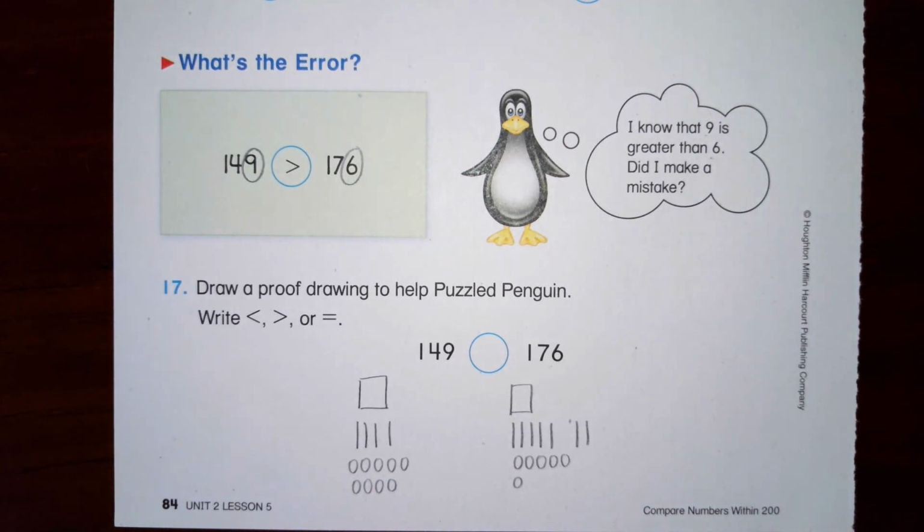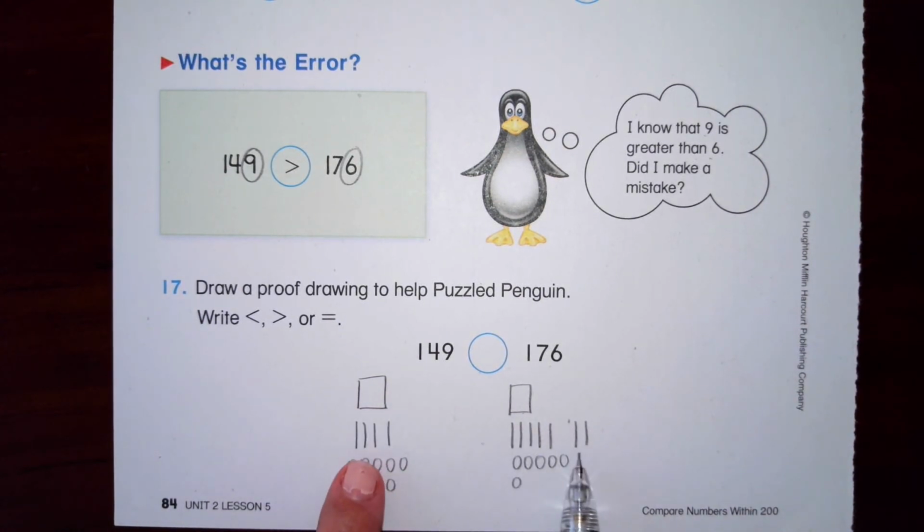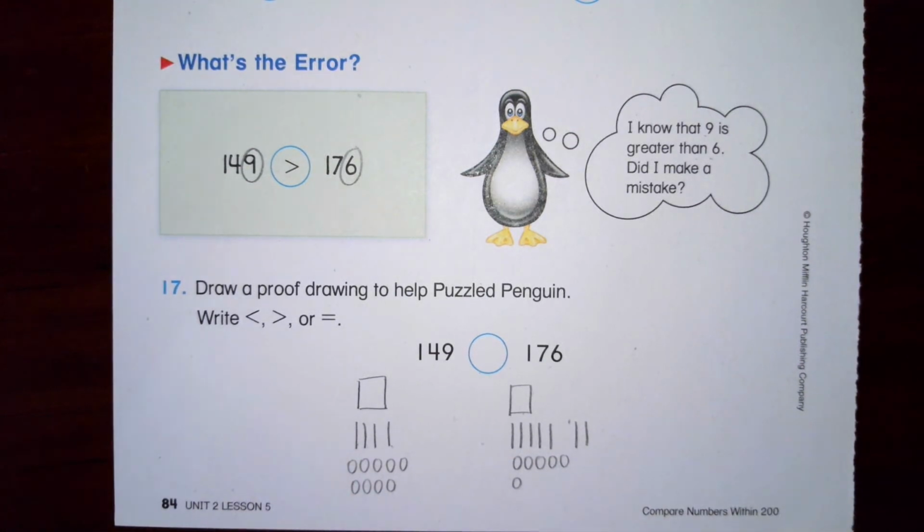Otherwise, we're going to keep going. So I noticed that they both have a 100s box, so they're the same so far. If I look at my 10s, I see 1, 2, 3, 4 10s for this number, and 1, 2, 3, 4, 5, 6, 7 10s for this number. So which one is greater? The one with 7 10s.